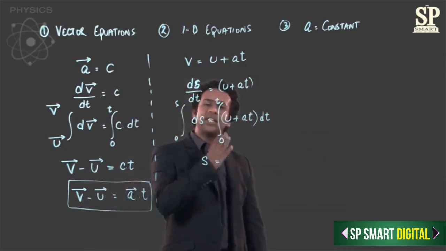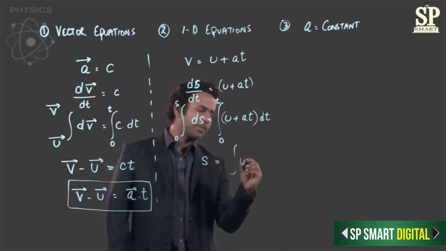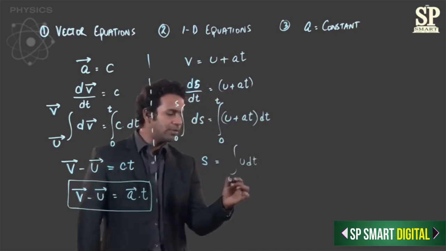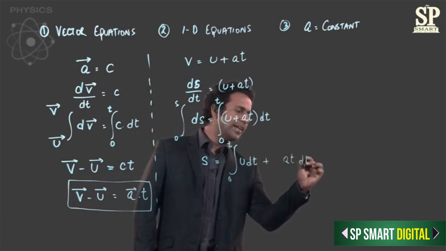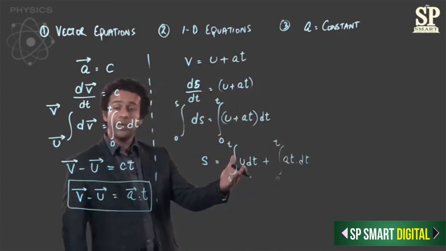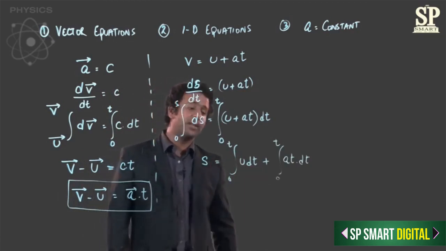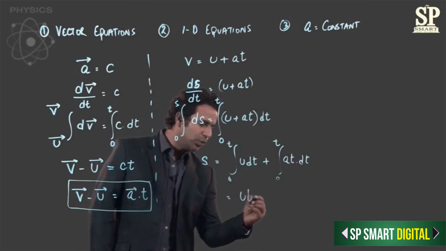Now when you're integrating, u is a constant, and hence let me do it. So what you have is u dt from 0 to t plus at times dt, once again 0 to t. U being the constant would come out of the integral. Integral of 1 is t, so the first term becomes ut.